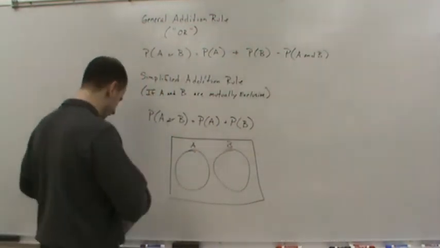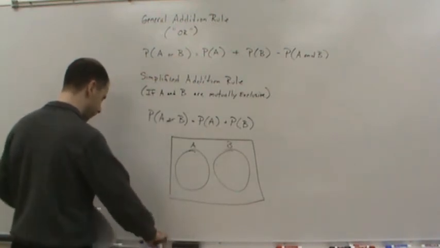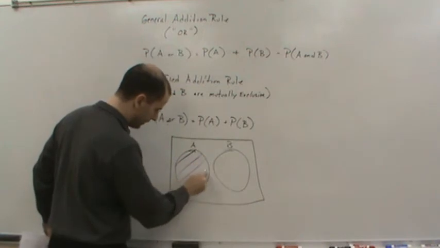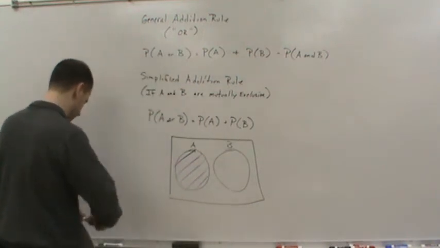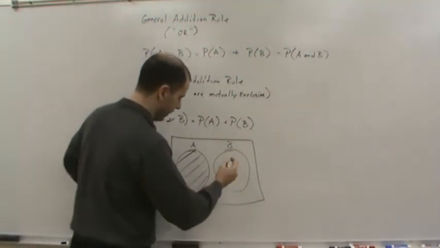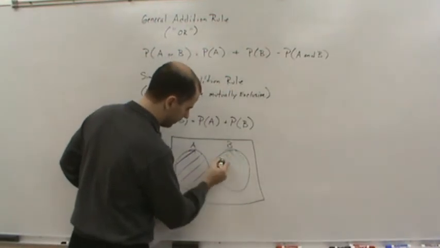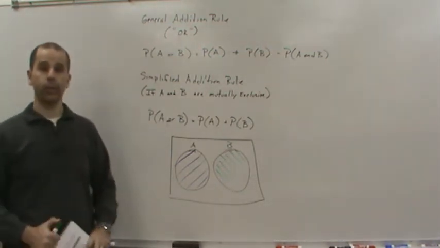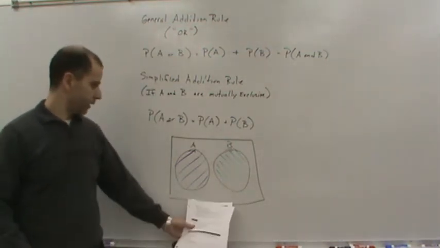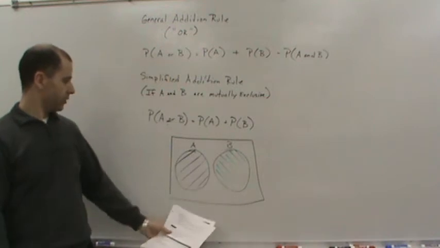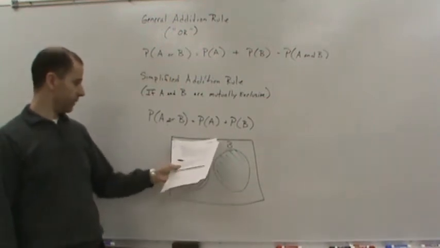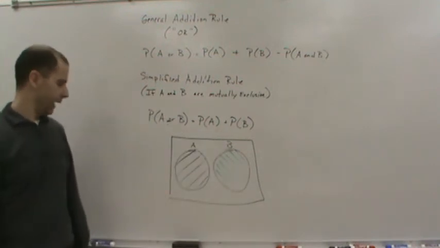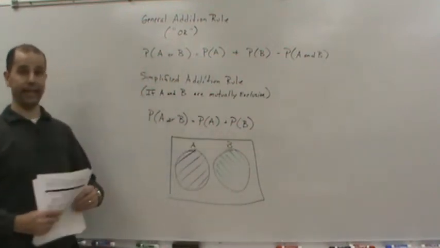If I just add these, like I did before, and then add these, well, I don't have to worry about subtracting off or double counting anything, because they're mutually exclusive. So it should make sense based on this diagram that if they're mutually exclusive, then this is all I have to do. Okay? And that is it.